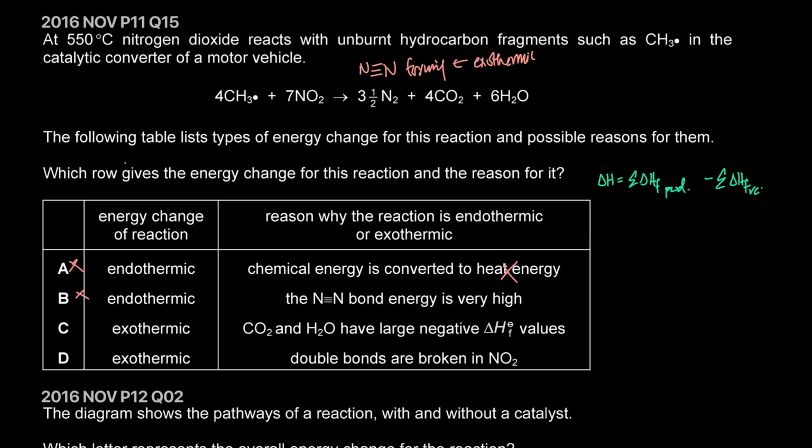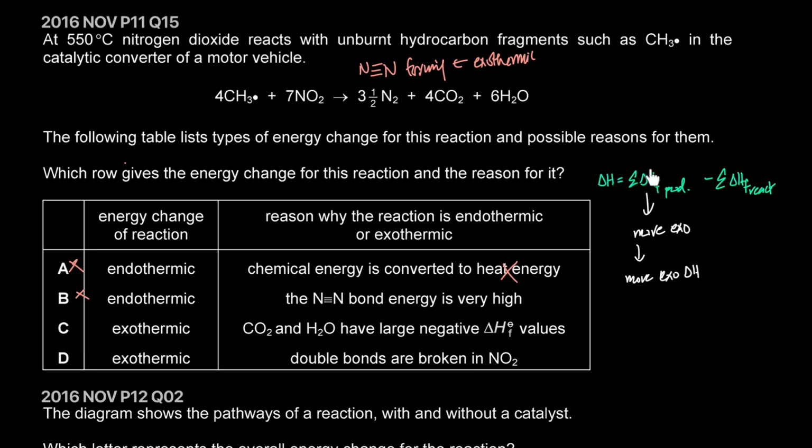The more exothermic the enthalpy change of formation of products, the more negative this value is, the more negative the overall enthalpy change will be.